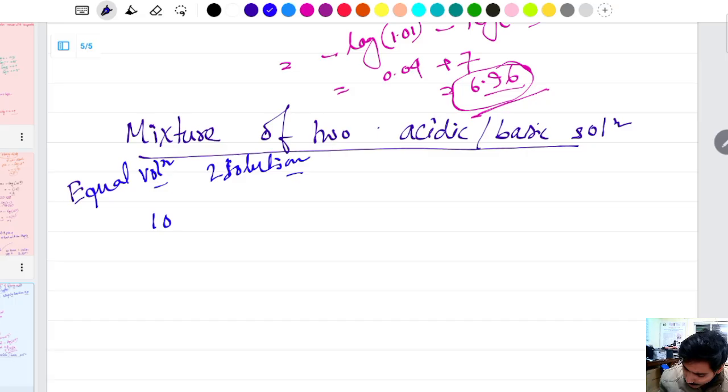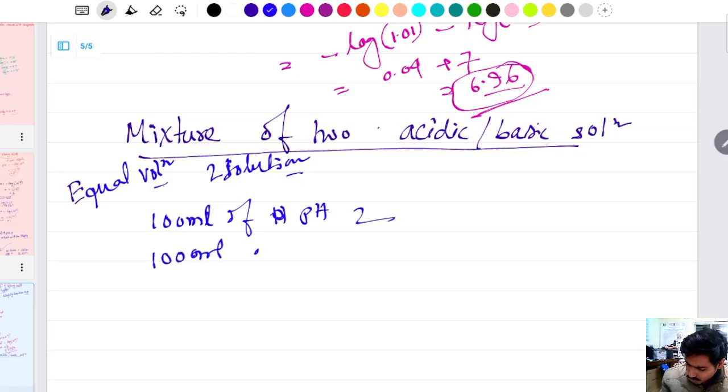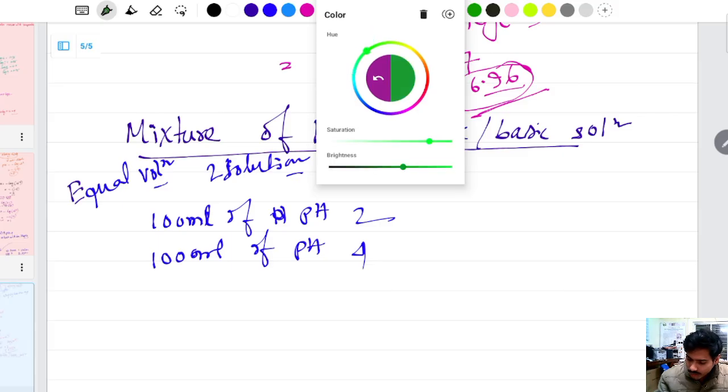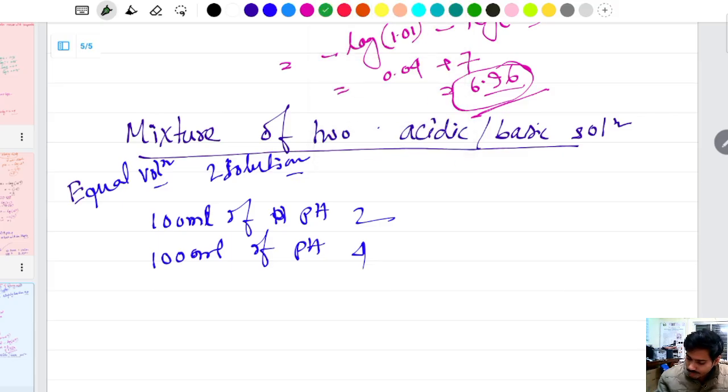Let's take 100 ml of pH 2 and 100 ml of pH 4. If you think about the 100 ml of pH 2, that means the concentration of H plus ion is 10 to the power minus 2 molar.